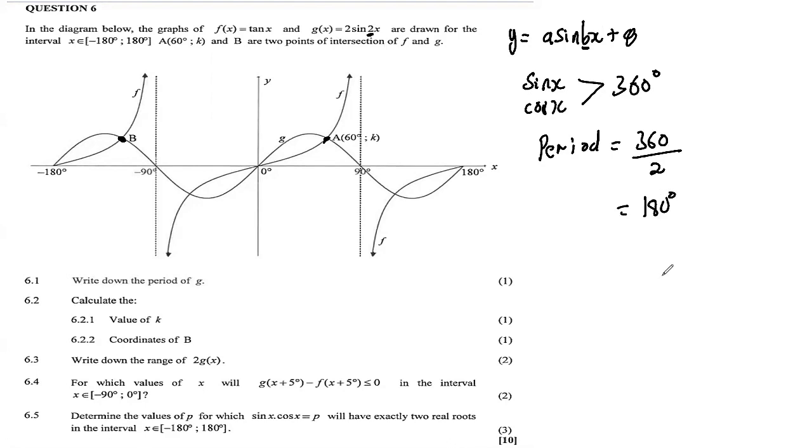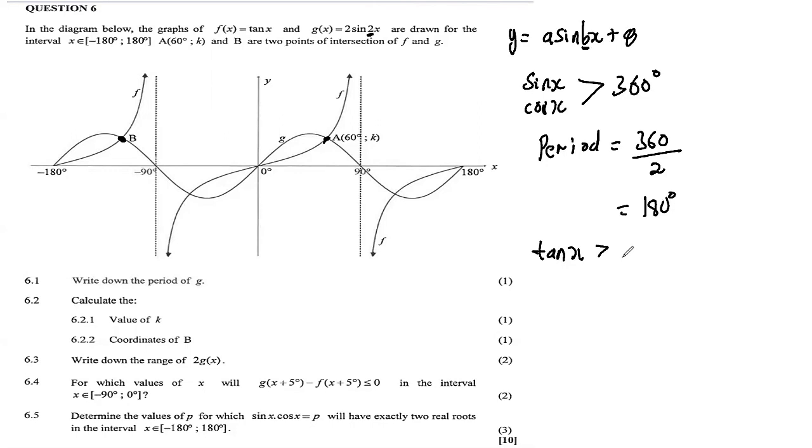So our period for this graph is 180 degrees. To find the period for sine and cos, you simply say 360 divided by whatever number you are given here. But that is not the same case for tan x, hence you did not see me writing it there.